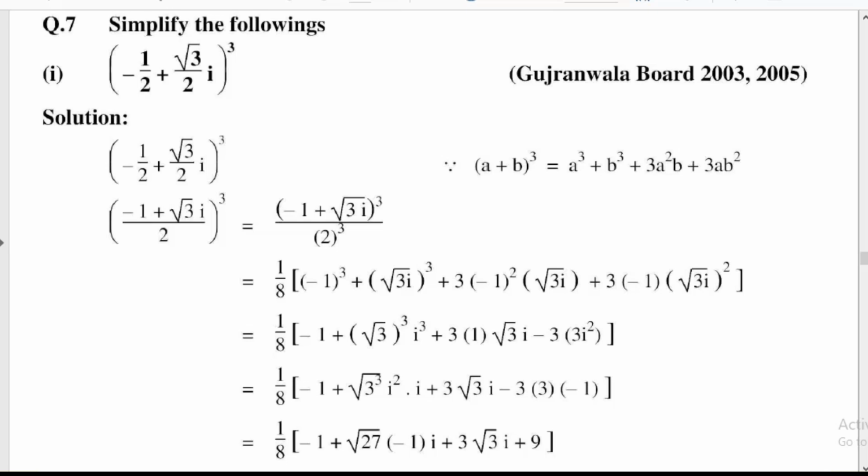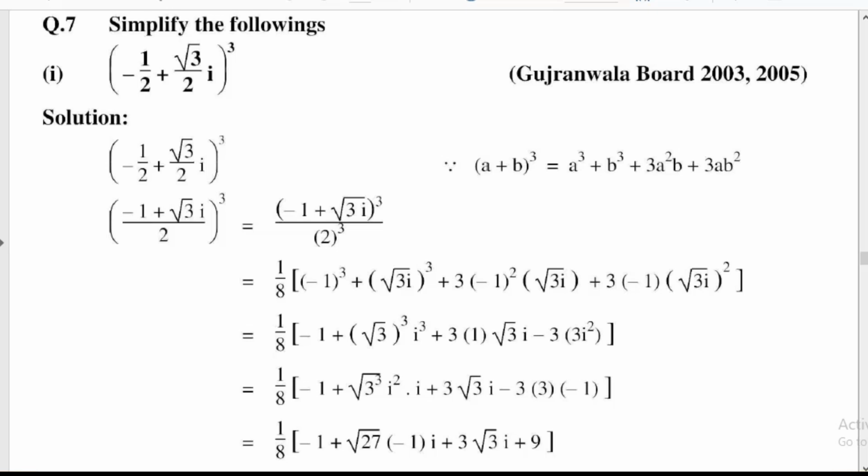So (√3) whole square is equal to 3, the square root cancels. Next, equal to 1 divided by 8 into (-1 + (√3 i) whole cube).